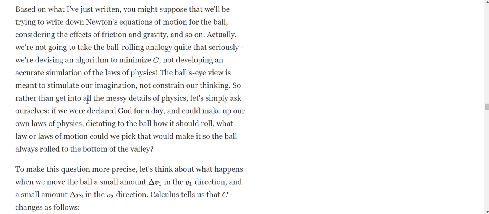So rather than getting into the messy details of physics, let us simply ask ourselves, if we were declared God for a day and could make up our own laws of physics dictating to the ball how it should roll, what law or laws of motion could we pick that would make it so that the ball always rolled to the bottom of the valley?